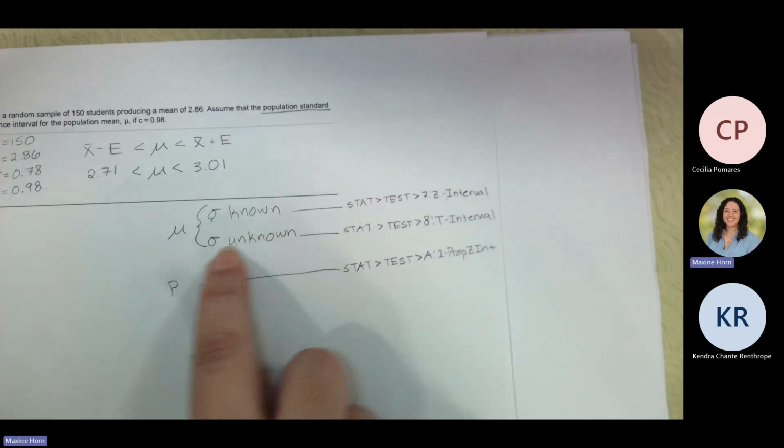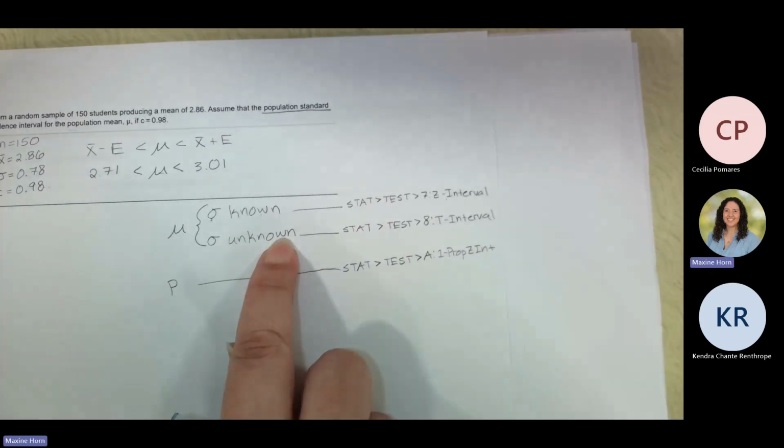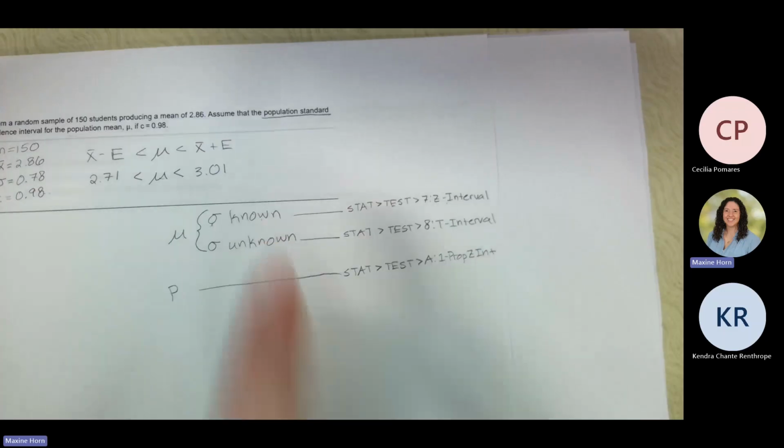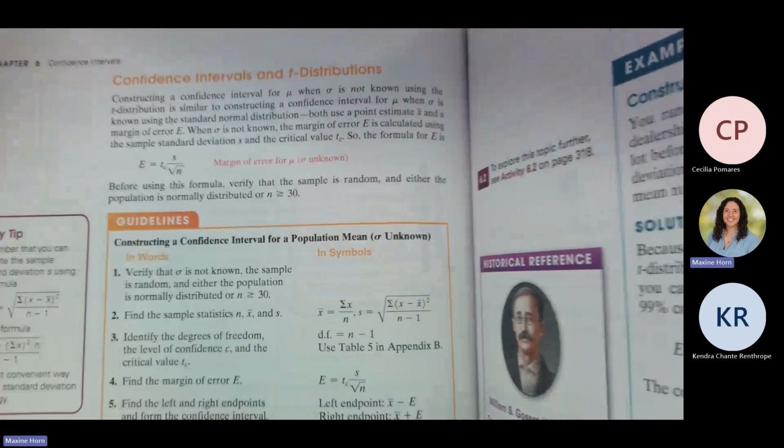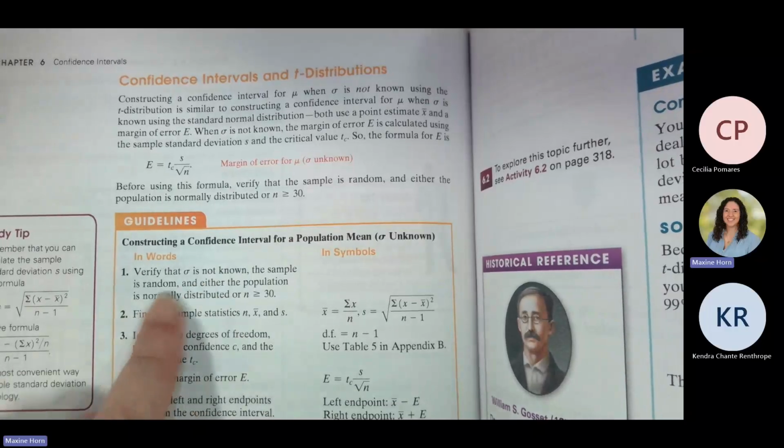So we're checking, do we meet all the criteria to use a t interval? Because we don't know our population standard deviation. So again, we go back to what are the criteria for using the t-distribution, right? So I would suggest making yourself a little checklist, right? That certainly makes this easier. Okay, population standard deviation is not known. Check. The sample is random. They said yes, random sample.